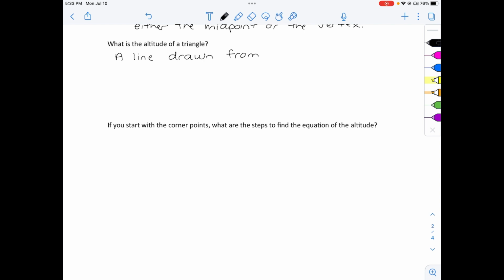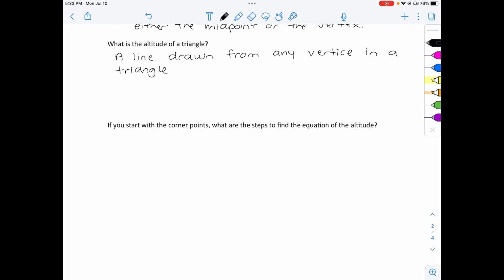Okay, again, it doesn't matter which vertice you're using. So any vertice in a triangle, and it is perpendicular to the opposite side.